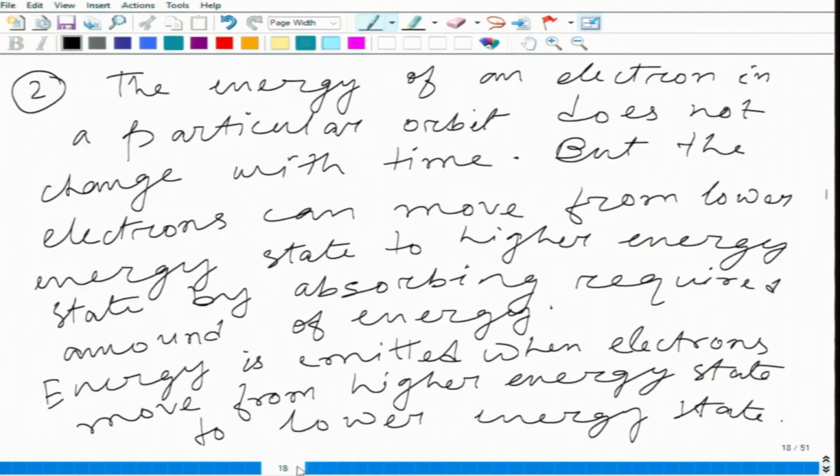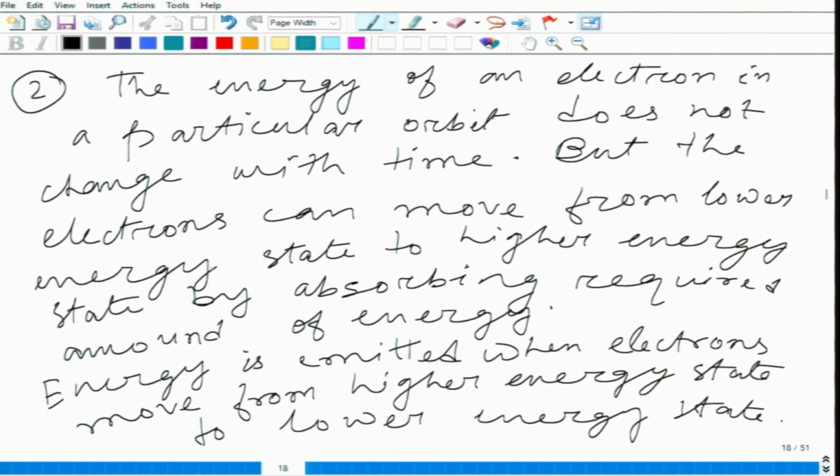Now the difference with Rutherford's model comes with the second postulate, which says the energy of an electron in a particular orbit does not change with time. That is, the energy of an electron in a particular orbit remains the same. This was one drawback of Rutherford's model because in Rutherford's model it was concluded that the electrons may emit energy which will lead to shrinking of the orbit.